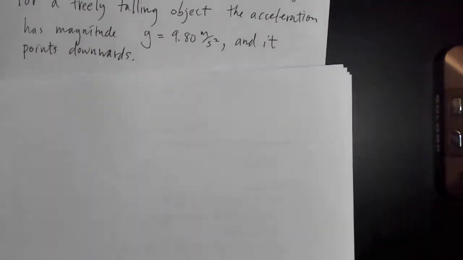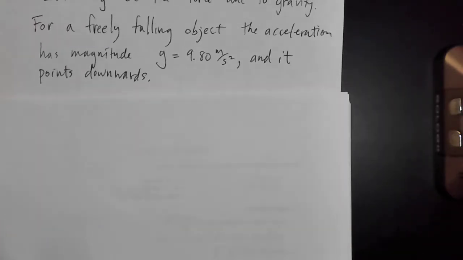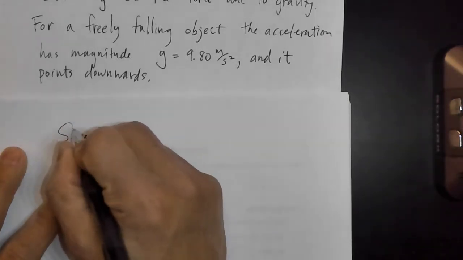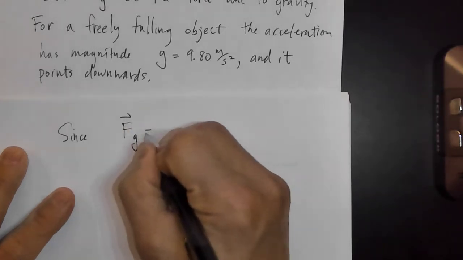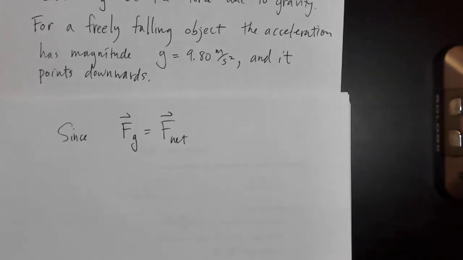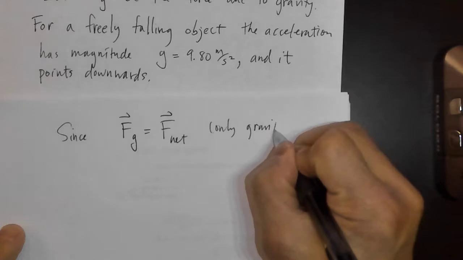So, for a freely falling object, as it's falling down, the only force on the object is the force of gravity. Now, since that's the only force, from Newton's second law, we know that Fg is equal to, well, sorry, let me first say, because there's only one force, only gravity is acting.